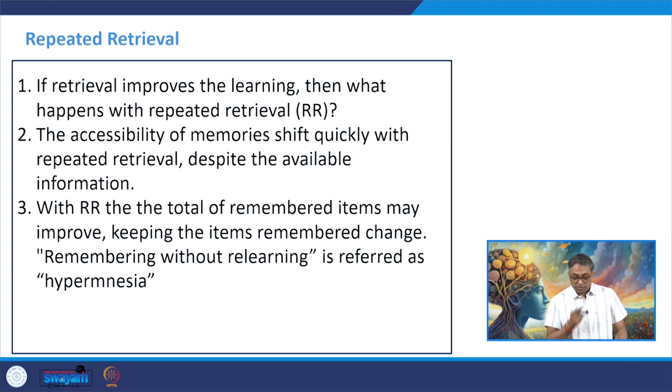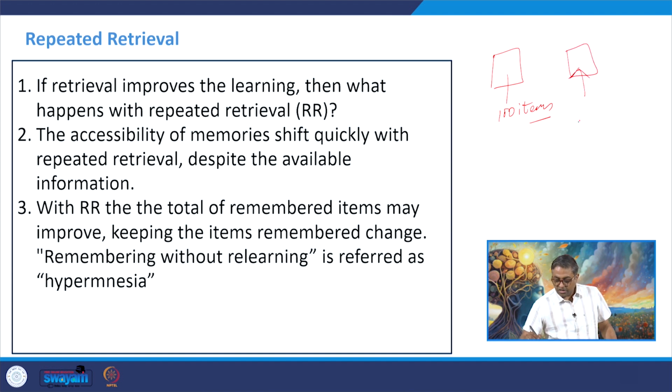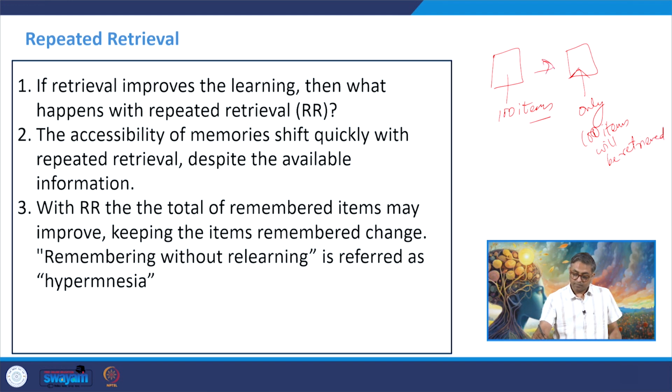So when we are talking about this thing, you can think of a box with 100 items, and when we are doing the repeated retrieval, this doesn't mean that only 100 items will be retrieved. So the point here is, what is actually happening at the neural level?